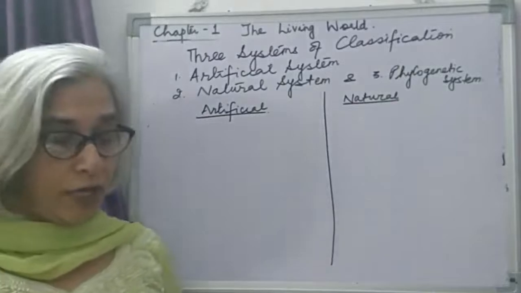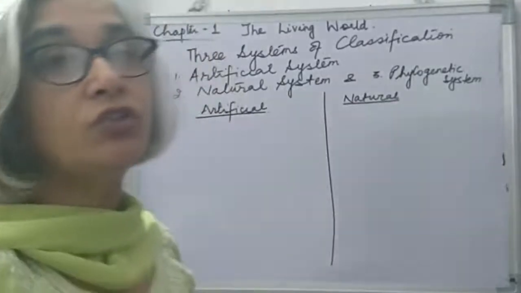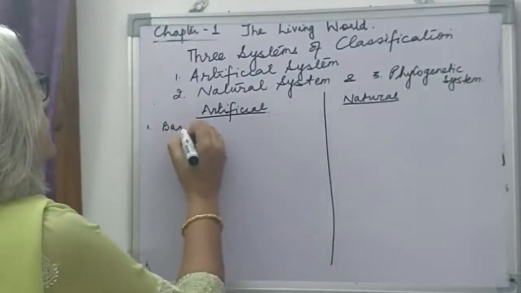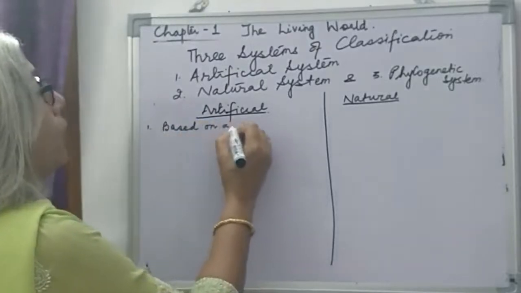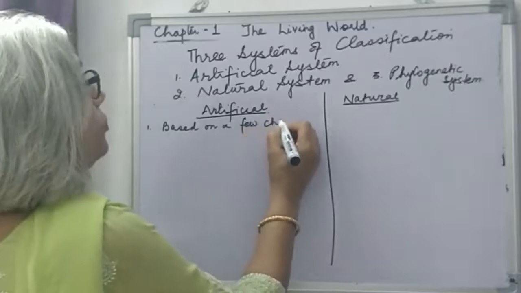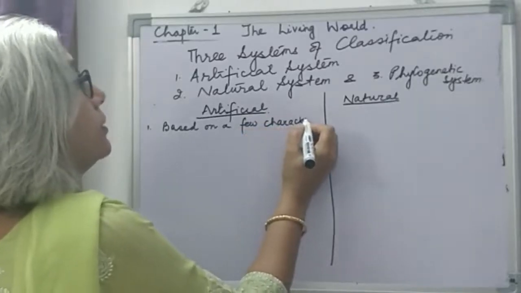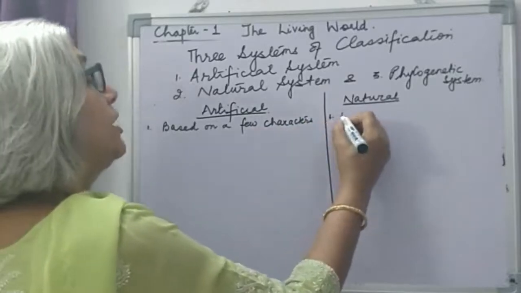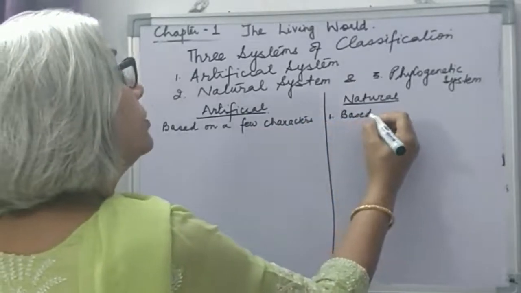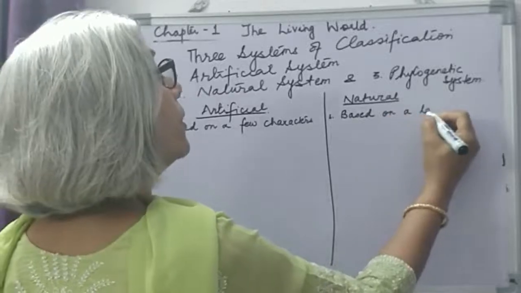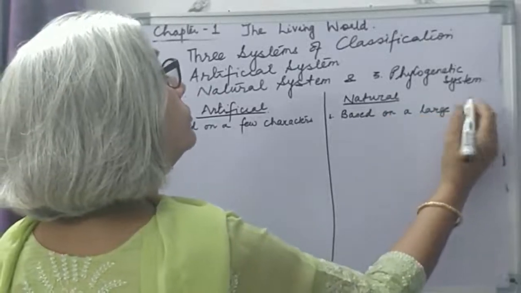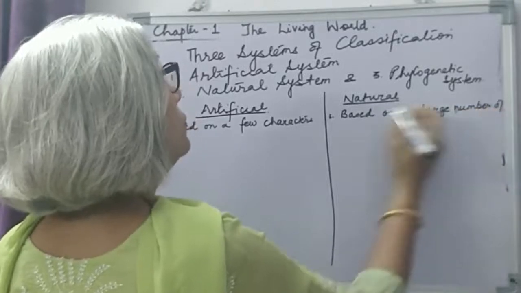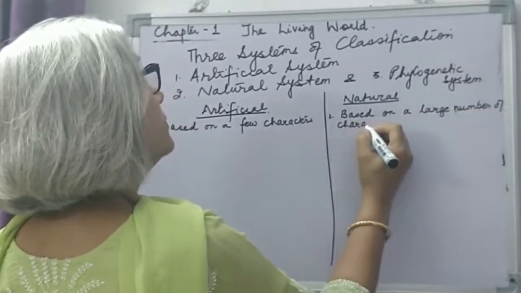Artificial system of classification is based on a few characters. Whereas the natural system is based on a large number of characters.